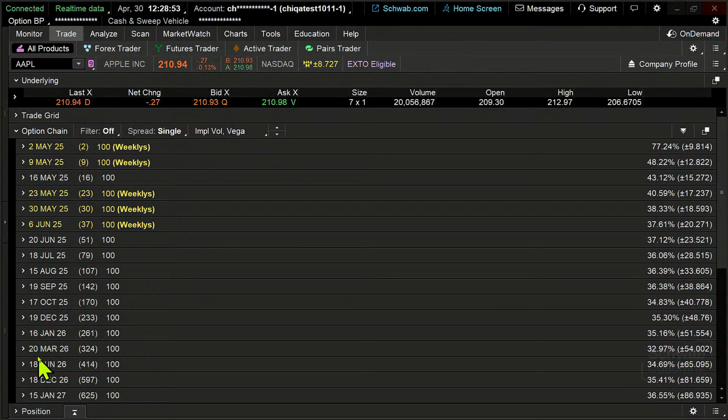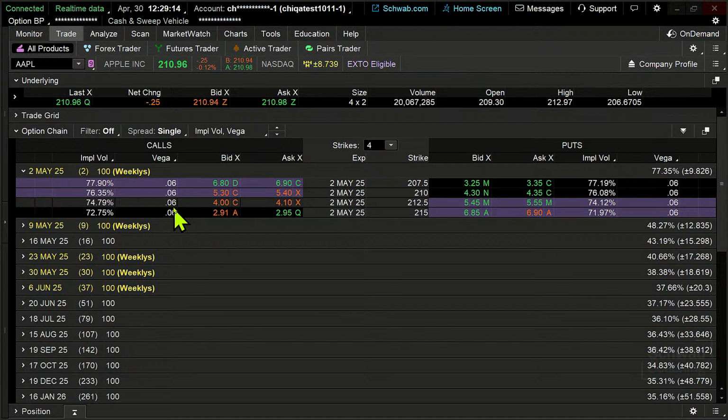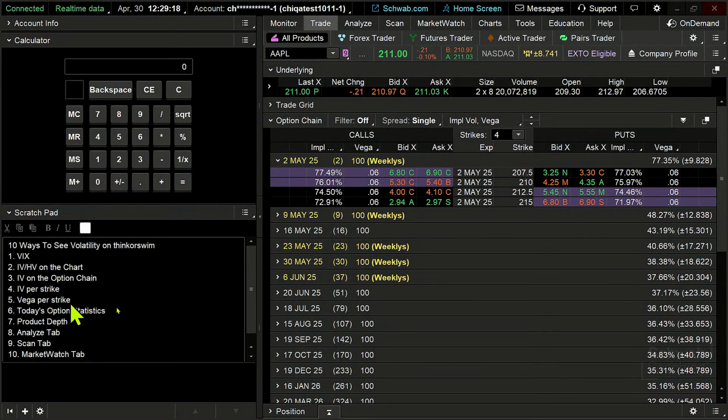If you have a strategy that is sensitive to implied volatility, and you want to diminish or mitigate that sensitivity, some traders may then choose an expiration date that is closer dated to minimize the impact of those changes in implied volatility. So that's the other way that we can look at this, by looking at Vega on our individual strikes right here on the option chain.